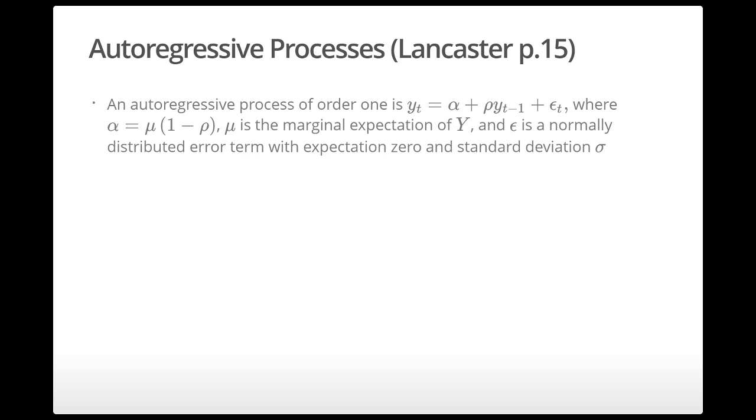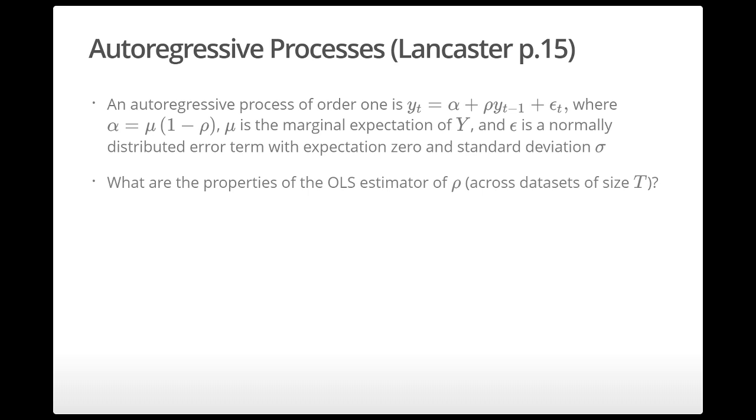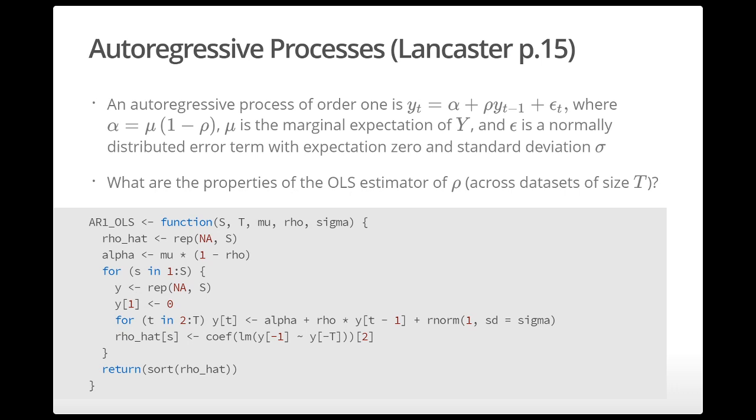If we then wanted to analyze the properties of the ordinary least squares estimator of that slope coefficient, across all data sets of size t that we might obtain from a process like this, then our function to accomplish that would be written like this.